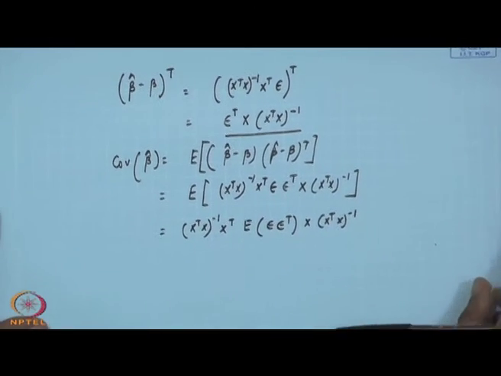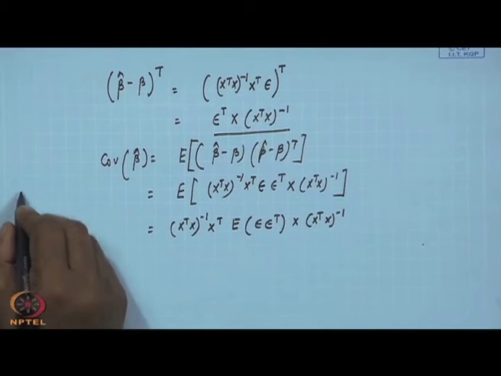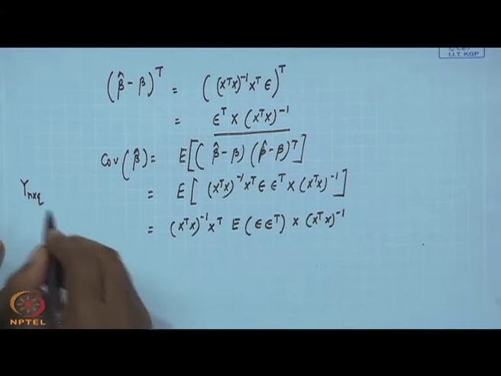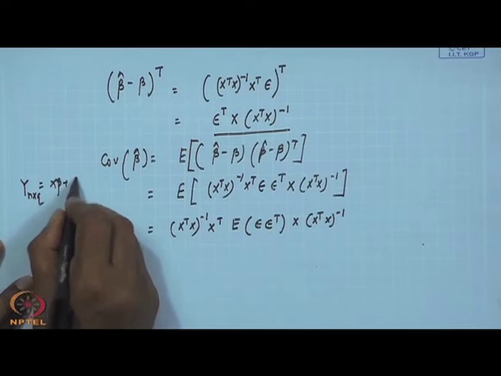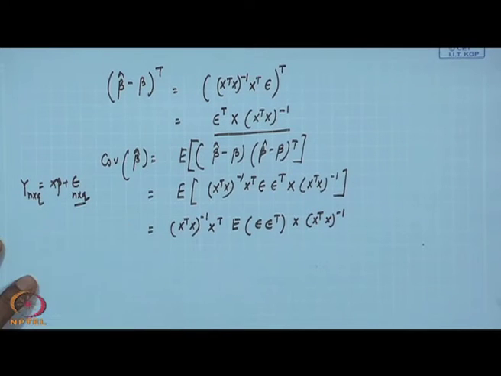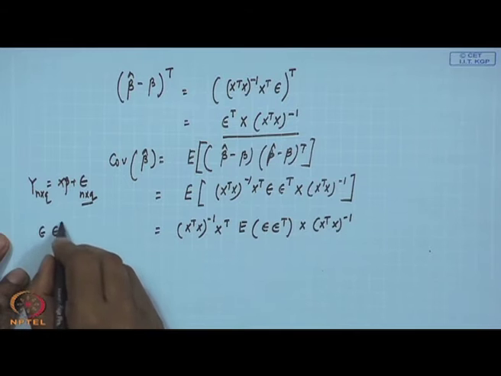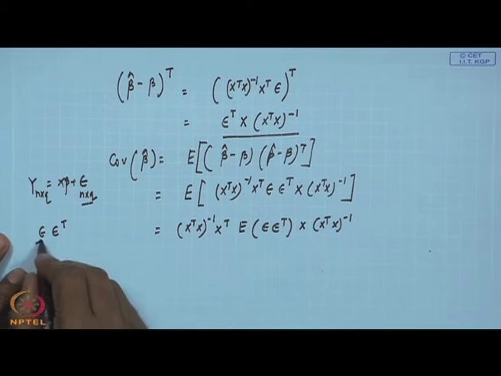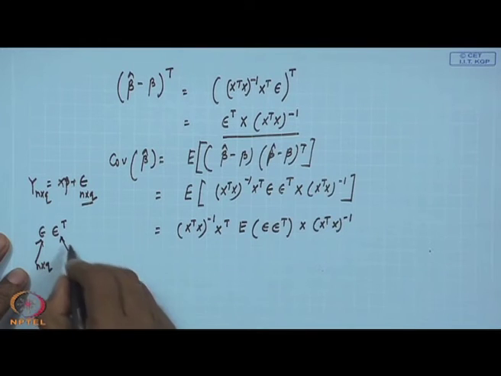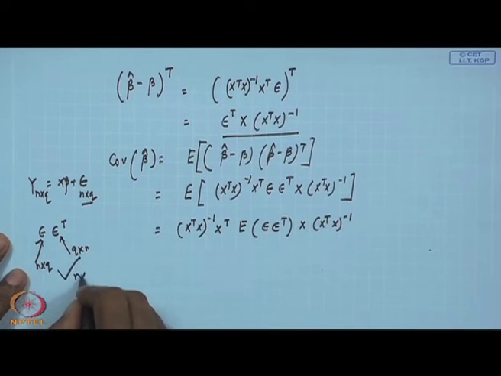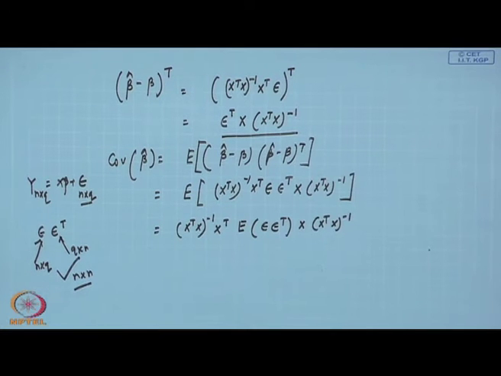Getting me? If you see the equation, y is n cross q equal to x beta plus epsilon, where epsilon is also n cross q. Then epsilon epsilon transpose, this is n cross q and this will become q cross n, so the resultant will become n cross n.